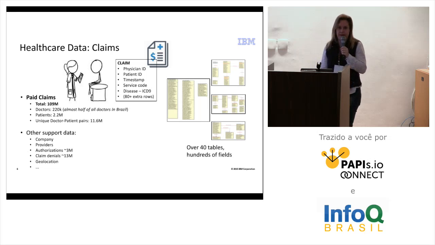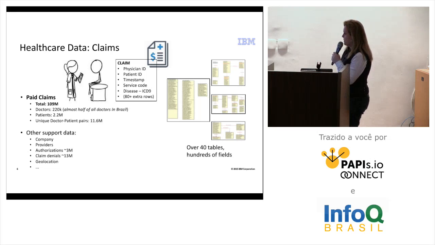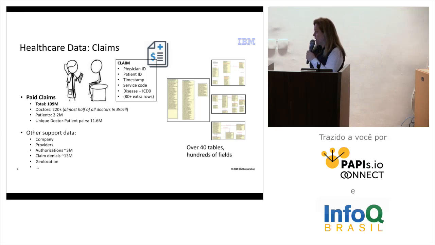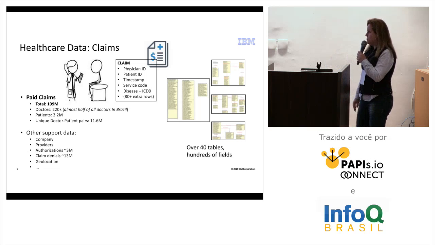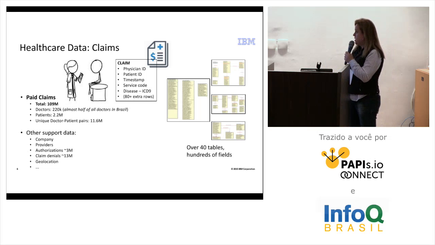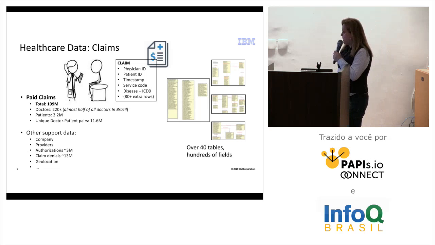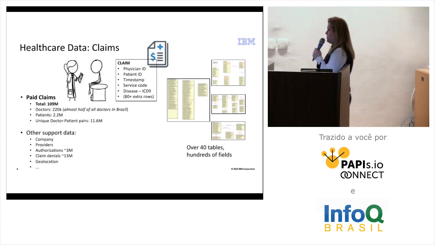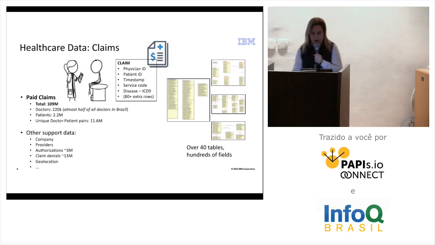We spent almost 1 month just understanding the data, and opening the database gave us several problems. The paid claims table has more than 109 million tuples. We have more or less 220,000 physicians, 2.2 million patients, and 11.6 million physician-patient pairs. And we have other data.